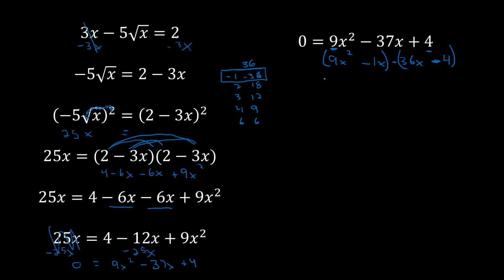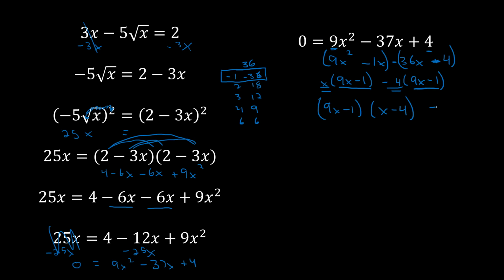So for the first group here, I can pull out an x, and I'm left with a 9x minus 1. And then over here, we can pull out a 4, and we're left with a 9x minus 1 as well. And then we can pull out the 9x minus 1, because those are in common. And then I'm left with an x minus 4 over here in parentheses.